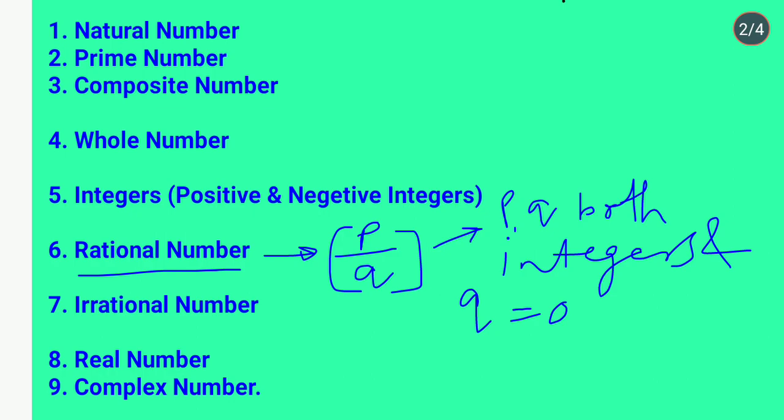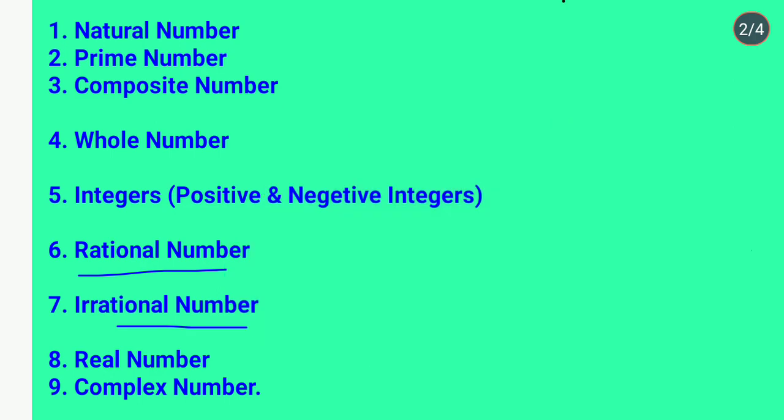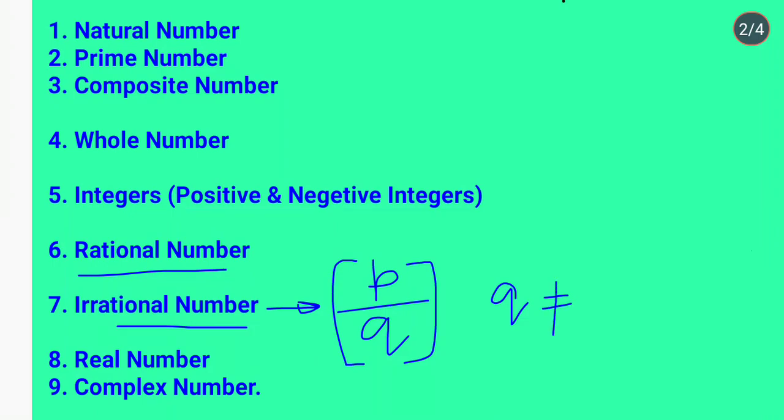And moving on to the next, irrational numbers. Irrational numbers are those numbers which we cannot denote in the form of p by q, where q is not equal to 0. For example, pi.